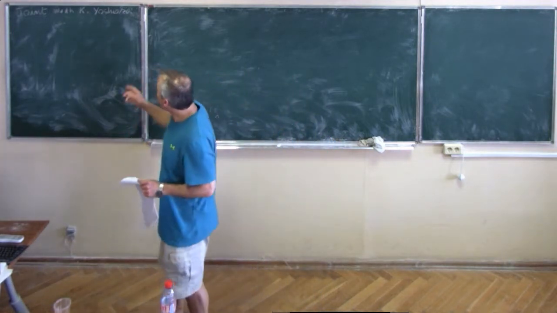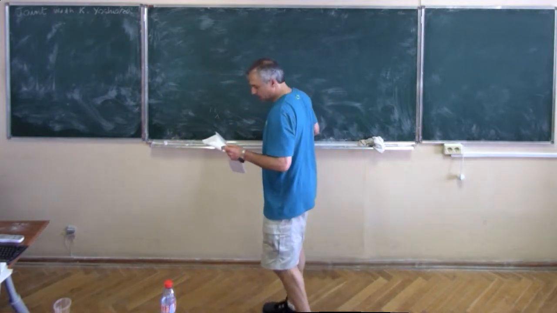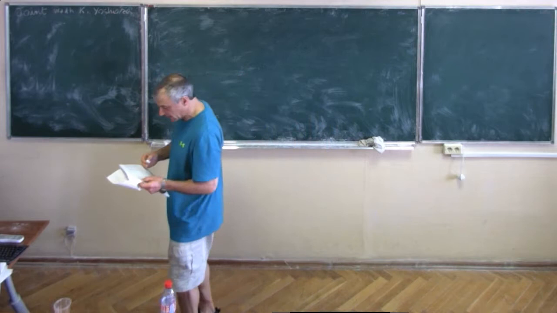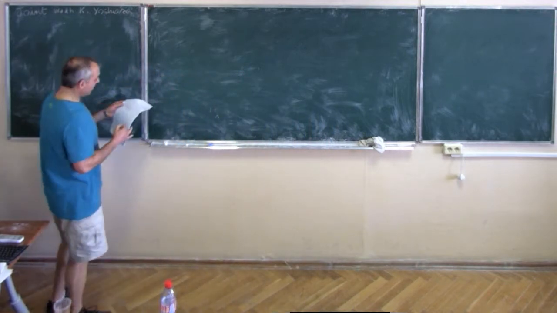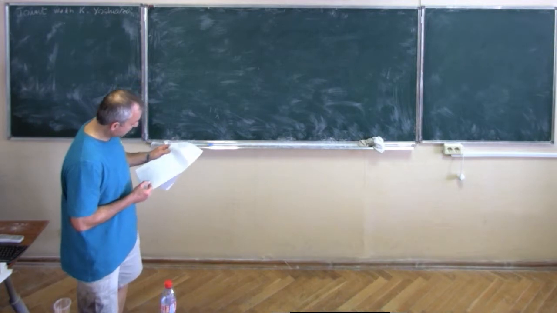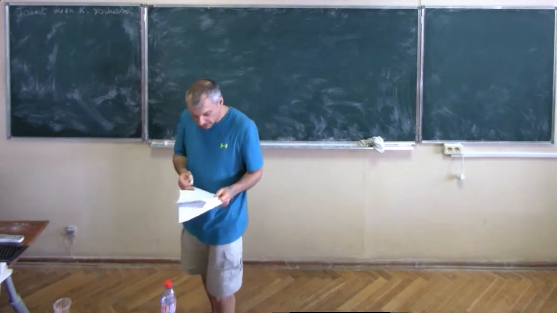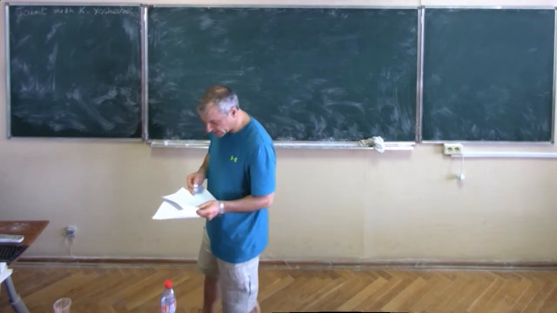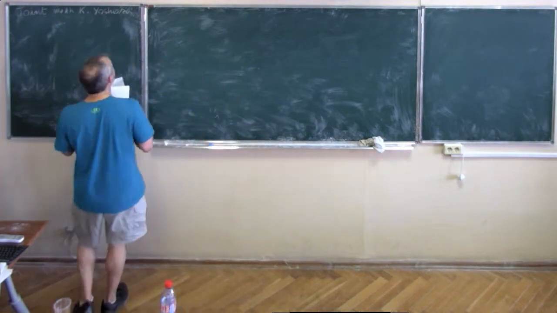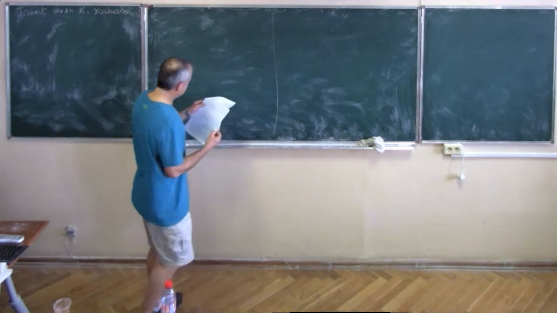So this is joint work with Kota Yoshioka, and I think it's a fundamental story, which relies on the work of many people. So my contribution is very partial, and I'll talk about results of many other people.